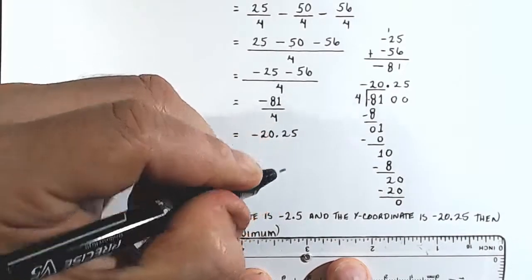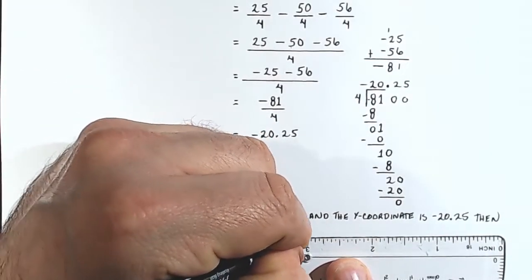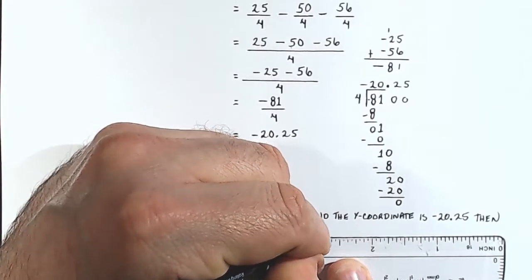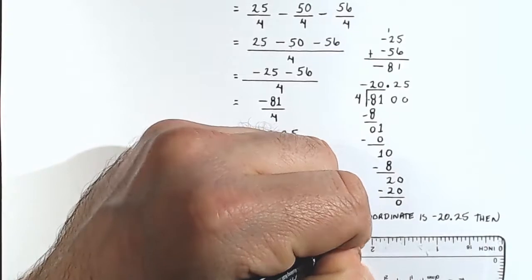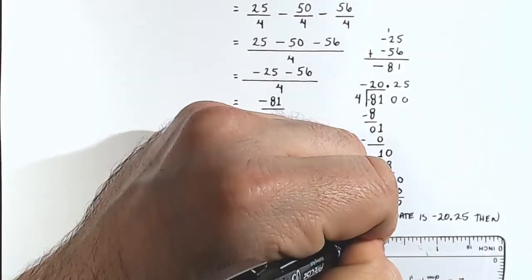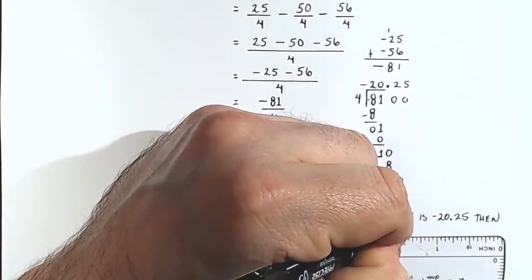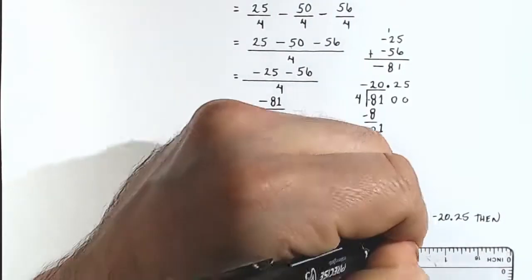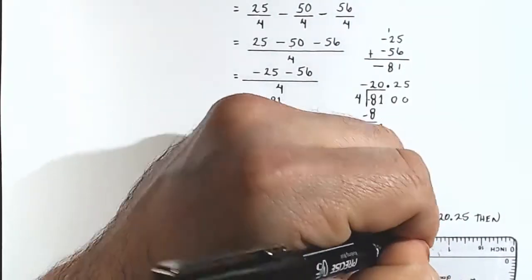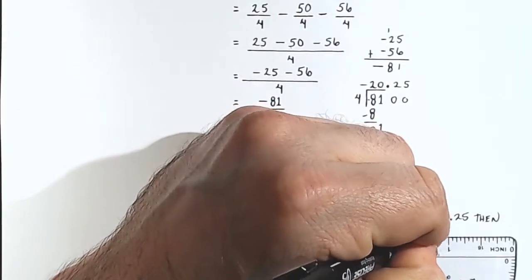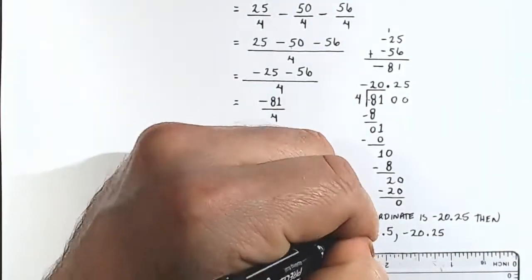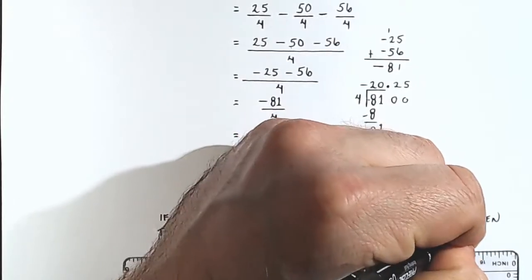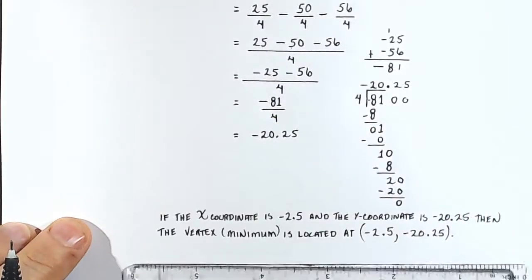The vertex is located at negative 2.5, comma, negative 20.25, x comma y. Okay, parentheses.